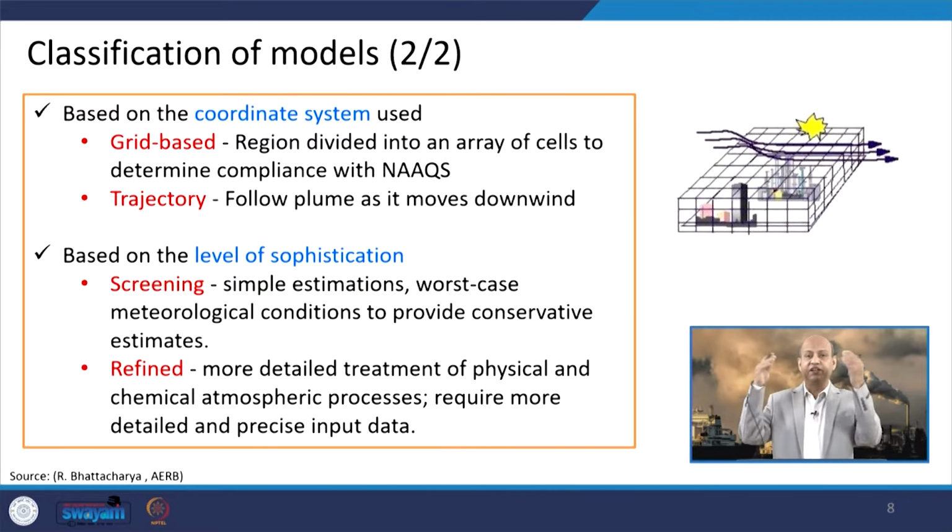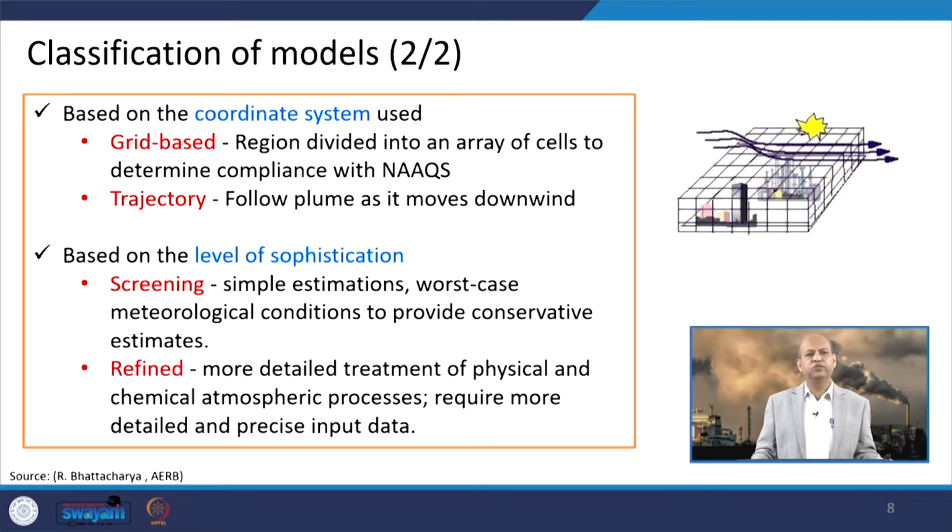Even at regional scale, even at global air pollution modeling, like general circulation models, they divide the whole earth into different grids. You can estimate emissions for those grids, and those are the input values for air quality modeling techniques. Then you can estimate the concentrations in different grids and compare them with the NAAQS, or National Ambient Air Quality Standards.